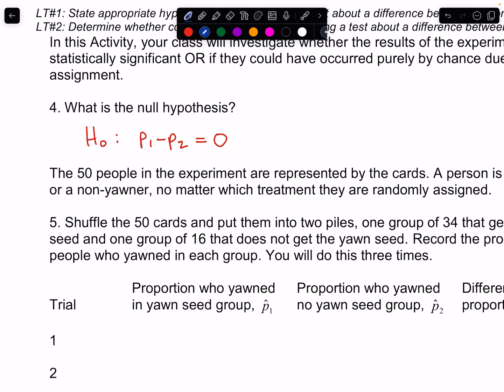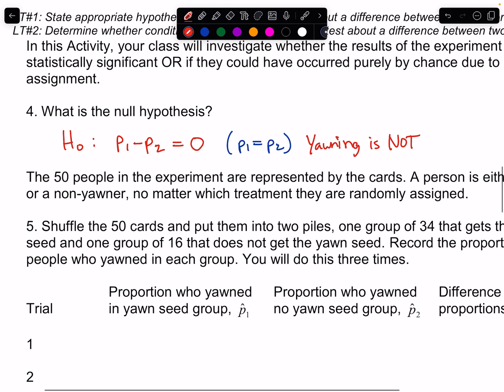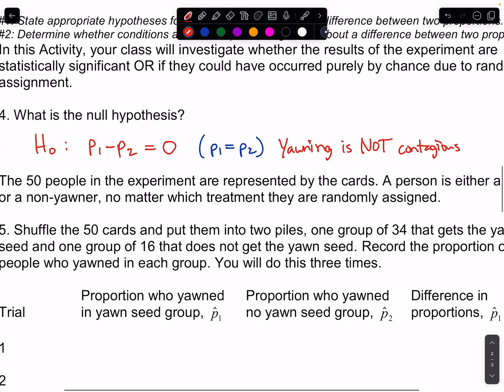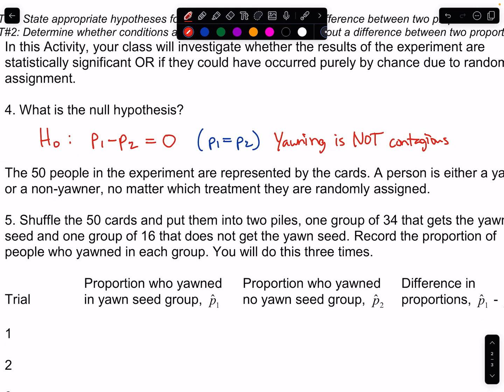And basically what we're saying here is that p1 and p2 are the same, they're equal, which is another way of saying that yawning is not contagious.